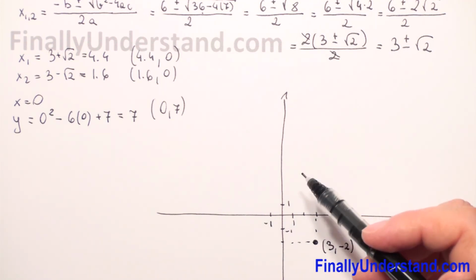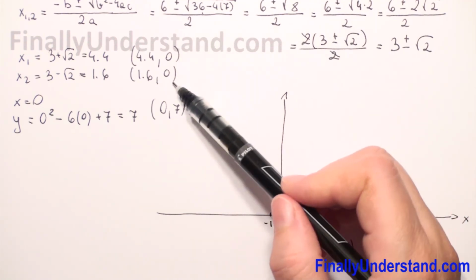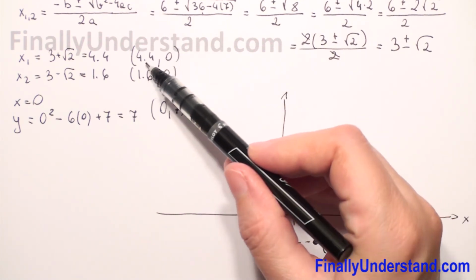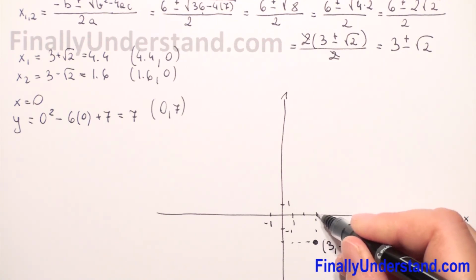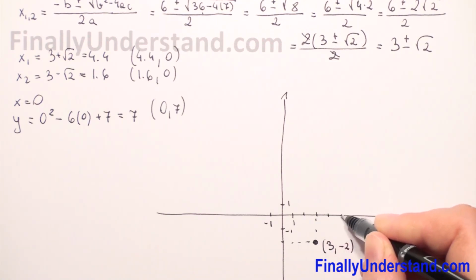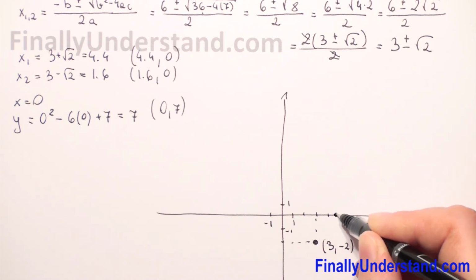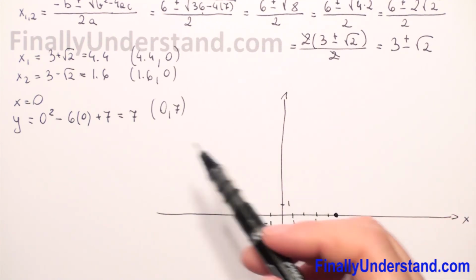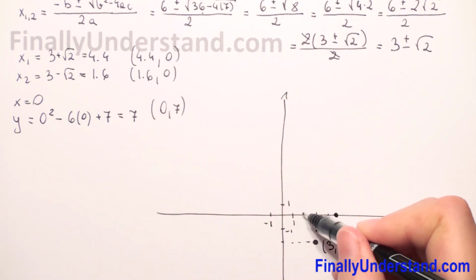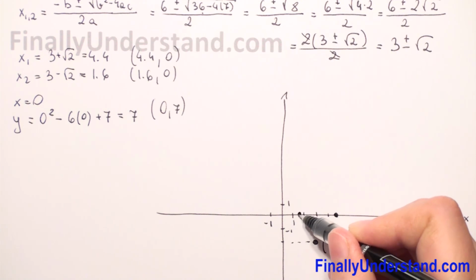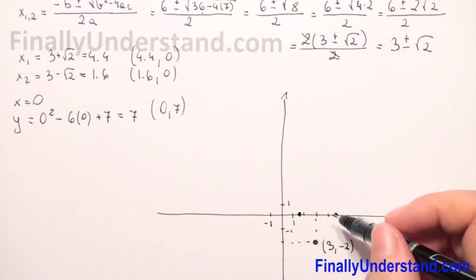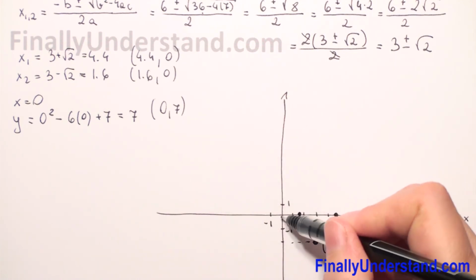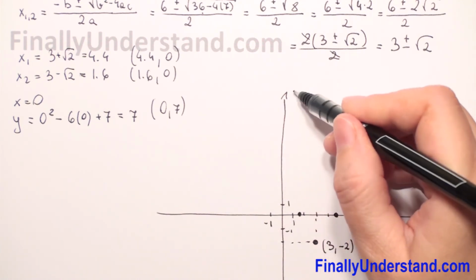Next, we have to add these 3 points to our xy coordinates. We have 4.4, so this is 3, 4, 5, so it will be approximately here. This is the first point in which our parabola passes the x-axis, and the second is 1.6, so here is 1, so 1.6 will be approximately here. What next? We have the point 0, 7: 0 and 7 on the y-axis.